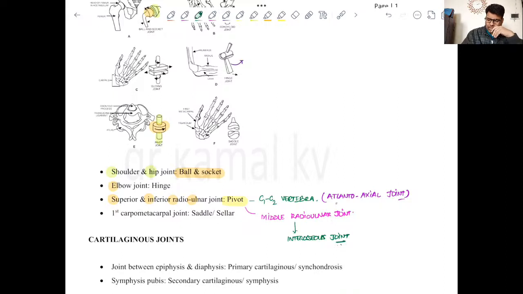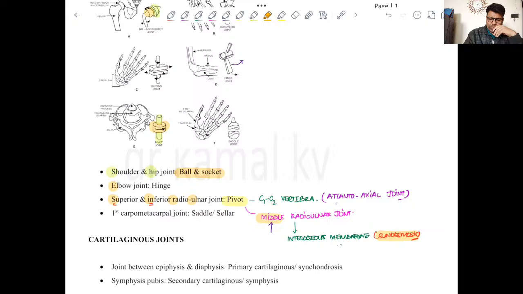So this is interosseous membrane, and this is actually syndesmosis. Okay. Clear? So just superior and inferior. Make sure that you don't mix up with the word middle. Middle is not a synovial joint. Clear? So middle is actually syndesmosis.